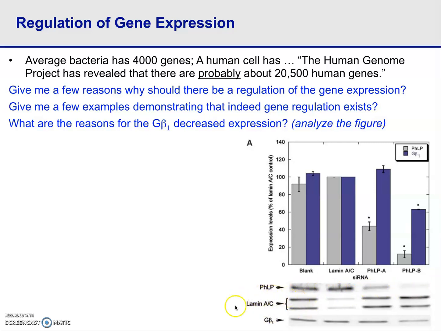In addition, we also have a control called lamin A/C, just to show that the presence of siRNAs in the cell does not interfere with our goal, which is to determine the expression of G protein beta 1 subunit. And we see that when the expression of fusiform-like protein falls below 80%, we see a decrease of about 40% of G beta 1 expression. Now, this is what the figure shows. This is what our results show.